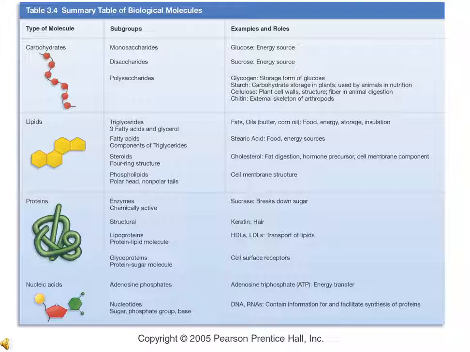Table 3.4, as you can see, gives you a nice summary of the functionality of each of these molecules, and as we move along, we will continue to expand and get a clear understanding as to how these molecules all work together to carry out the major characteristics of life.